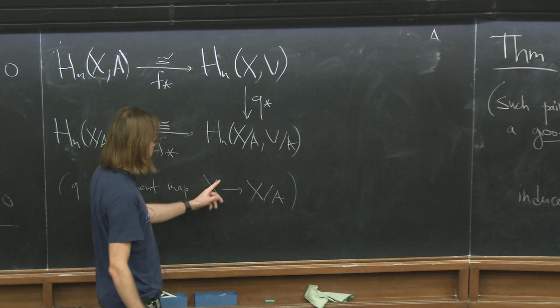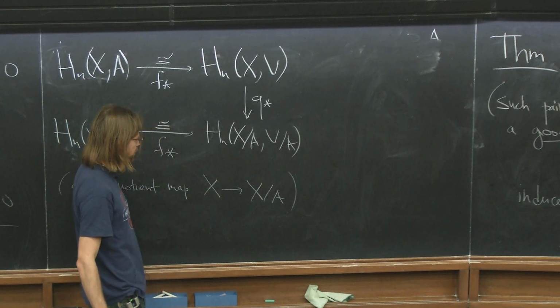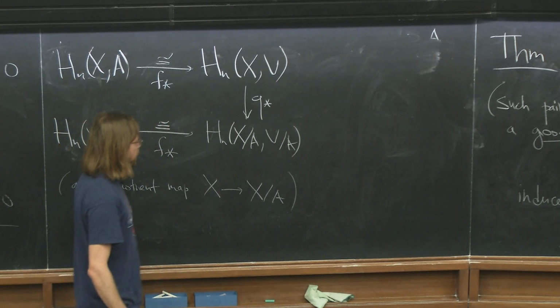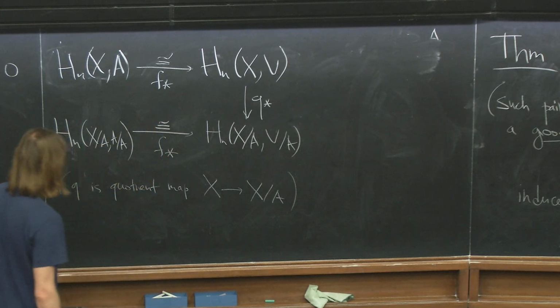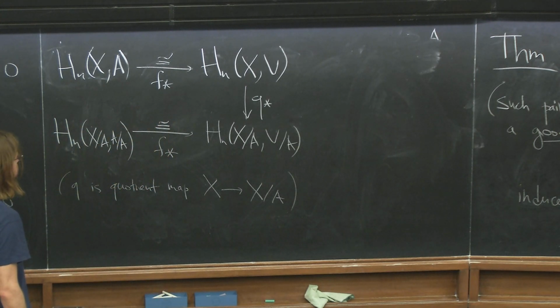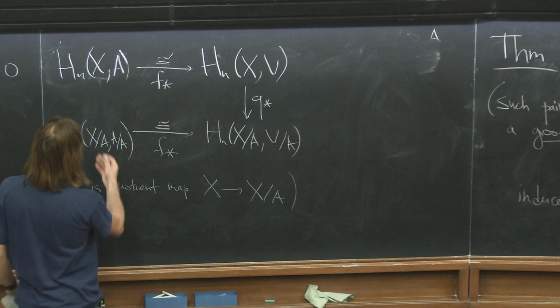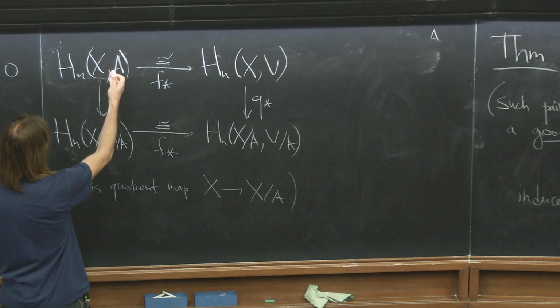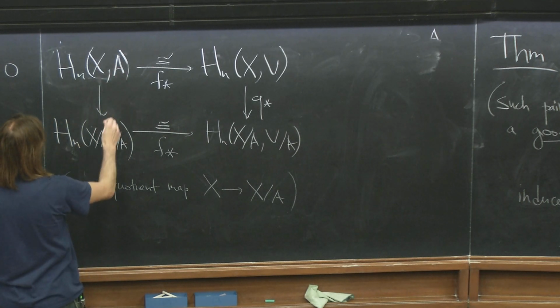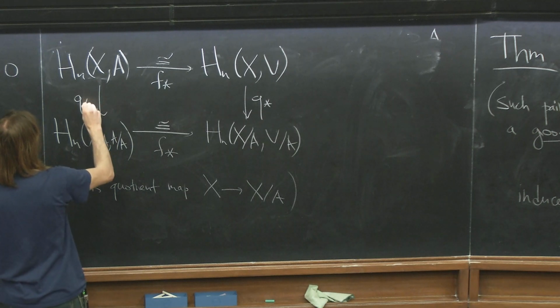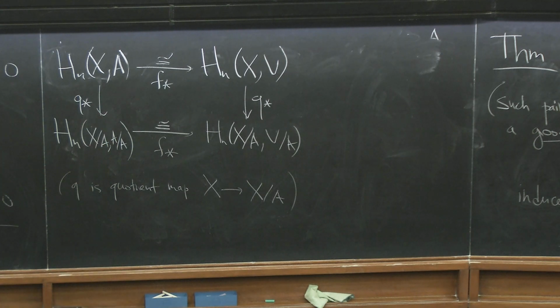So you consider a pair of X and any subspace inside, and the quotient on this subspace. And similarly you have here, right? You can consider a quotient map for this pair X, A. There will be a corresponding induced map Q star for these relative homologies here.